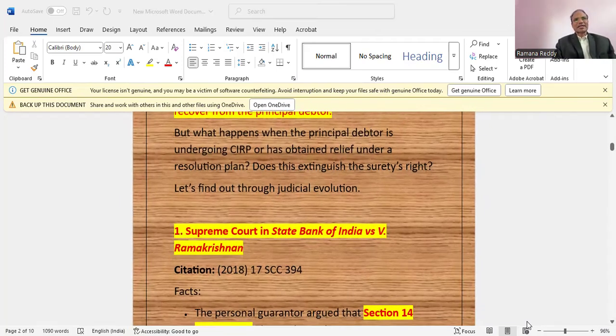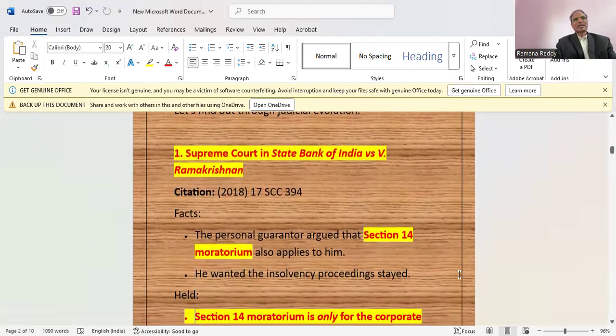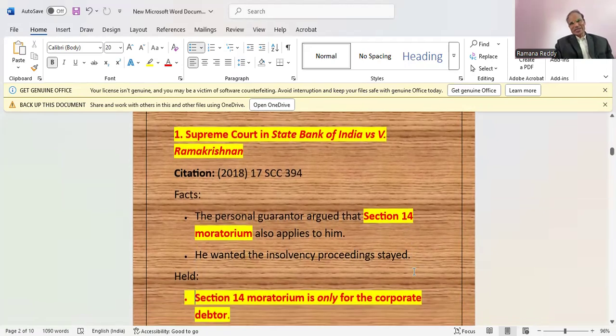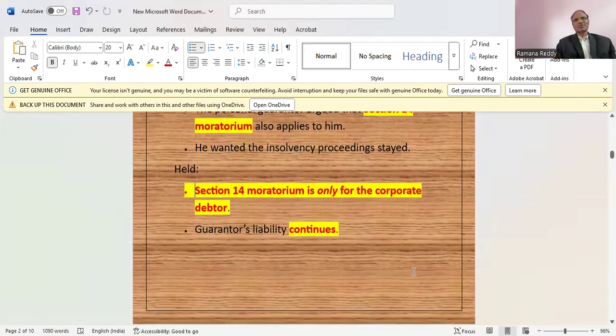The personal guarantor argued that the Section 14 moratorium also applies to him. The guarantor argued for the moratorium under Section 14. He wanted the insolvency proceedings stayed. The Supreme Court held the Section 14 moratorium is only for the corporate debtor.